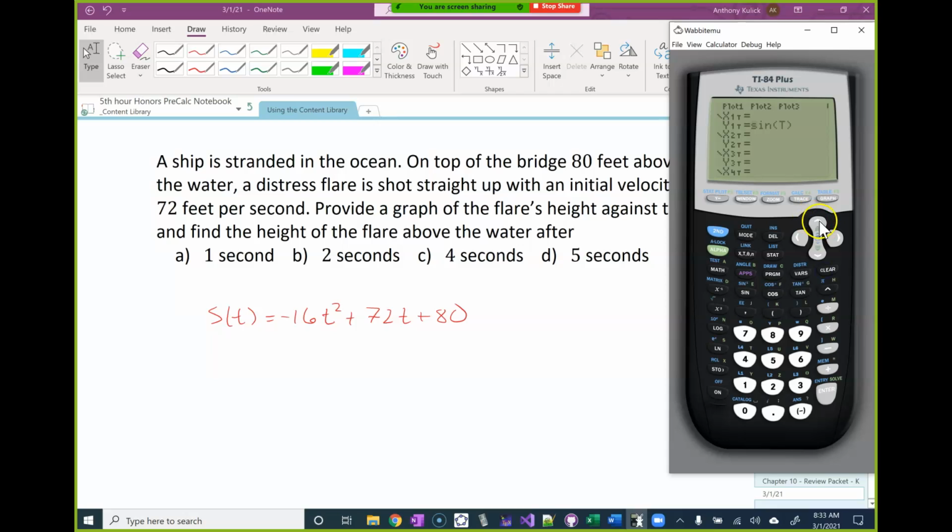Is the x coordinate changing in this situation? No, right? So let's just pick a value for x that'll just be constant.